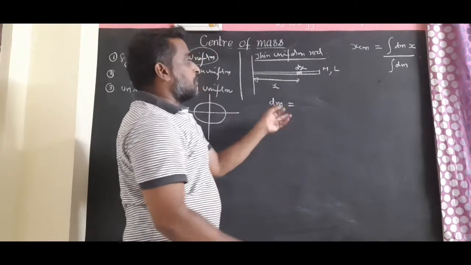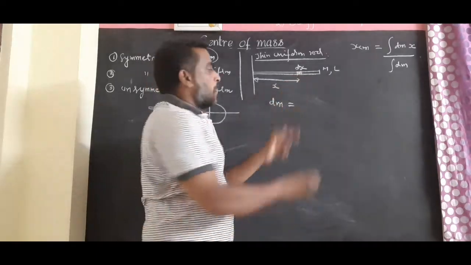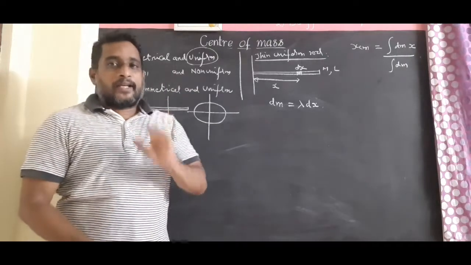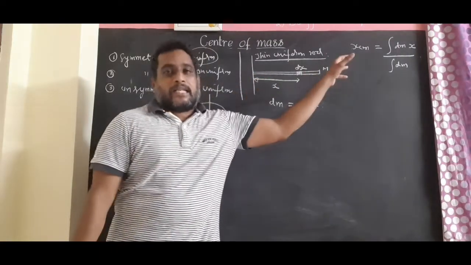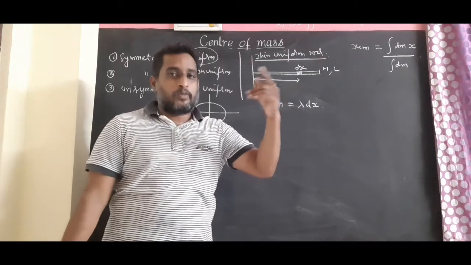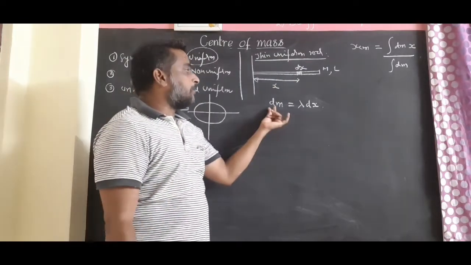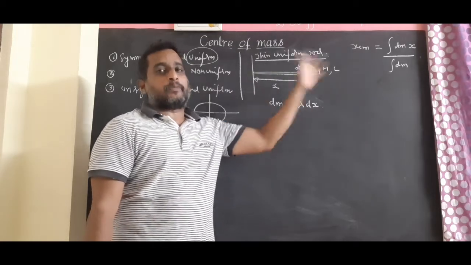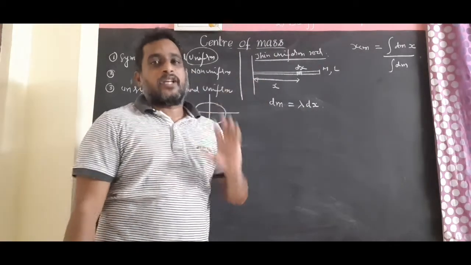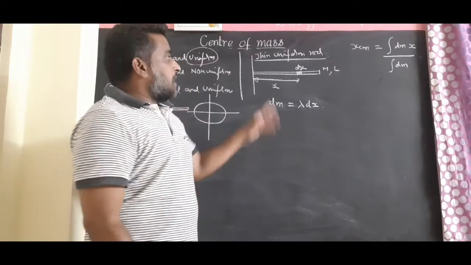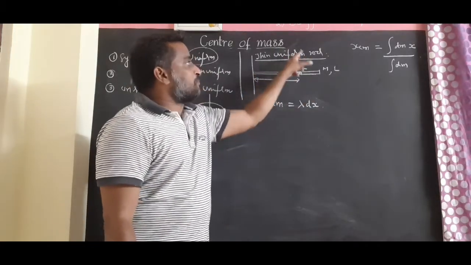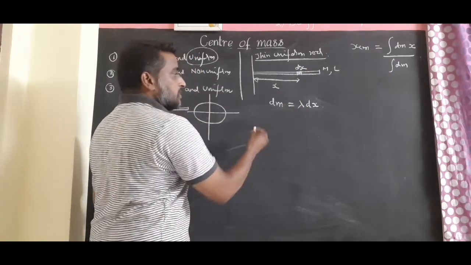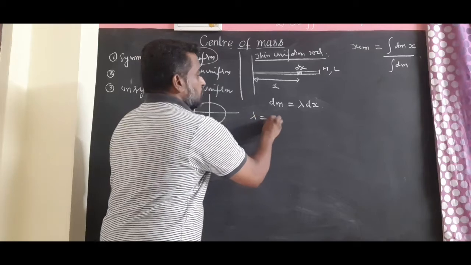Therefore, the mass of that element will be given by lambda into dx. Here, distribution of mass is linear. In case of linear mass distributed bodies, mass of an element will be calculated using this equation, where lambda represents linear density of that particular rod. Lambda into dx, mass per unit length. As the distribution of mass is uniform, this lambda remains a constant. Already I told you, density remains a constant. Here lambda is a constant factor.